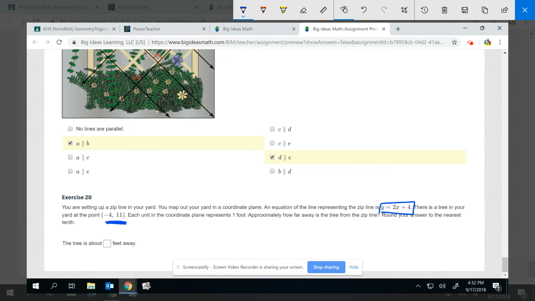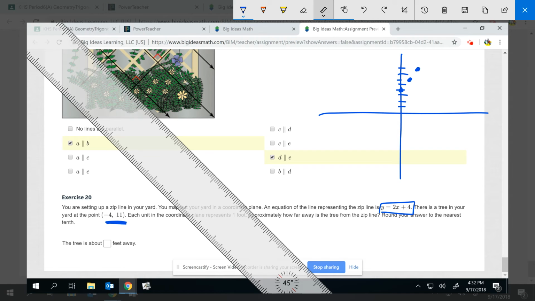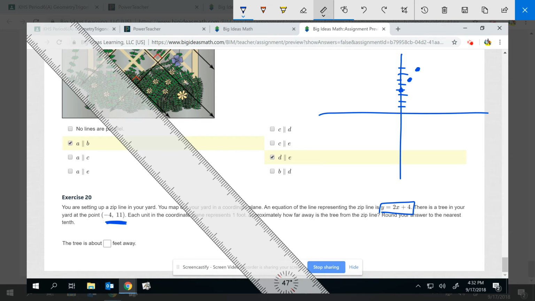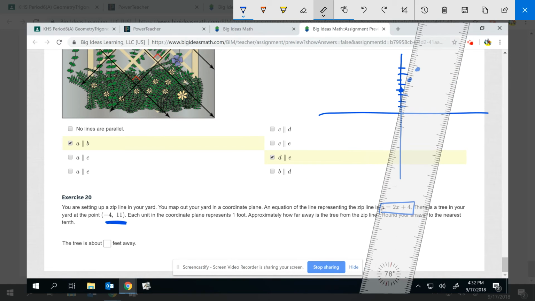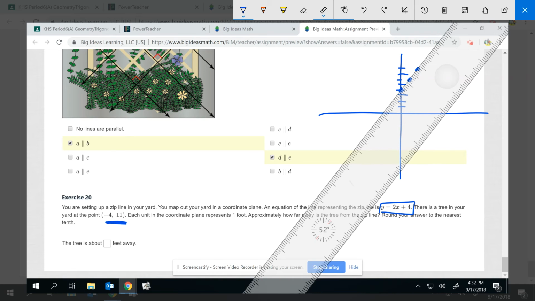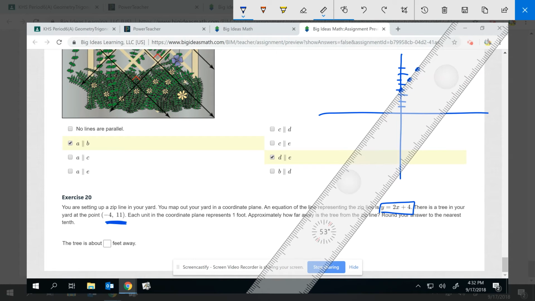All right, so let's draw a quick graph here. So 2x plus 4. So we're going to go up 2 and over 1, up 2, over 1, and that is the equation. I wish I could draw a straight line. Maybe I can. Maybe it will let me draw a straight line here.